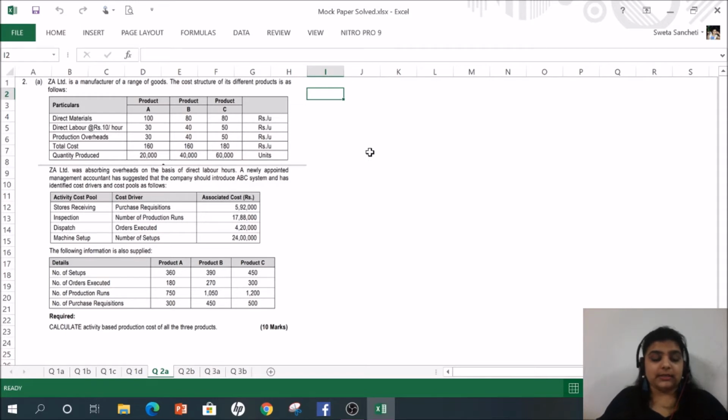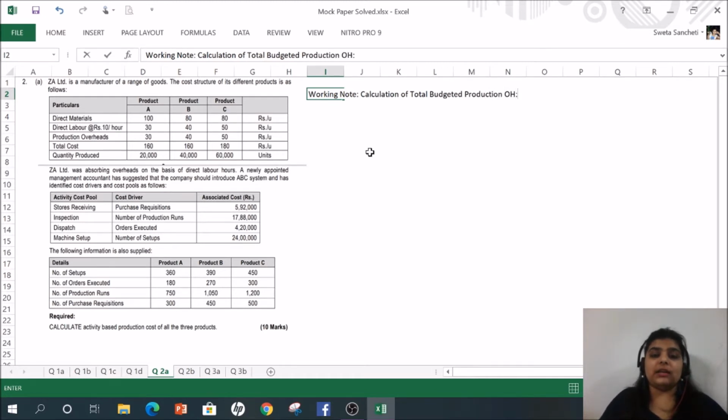So first let us see what is my total budgeted overheads. Working note: calculation of total budgeted production overhead.